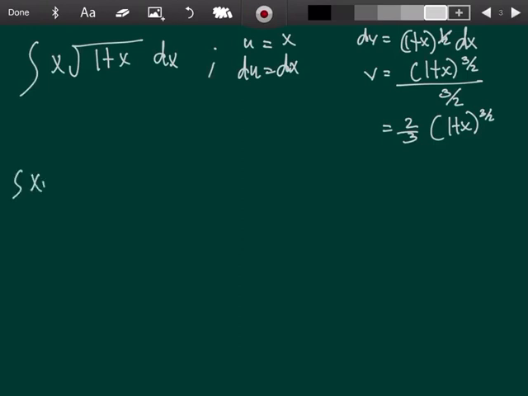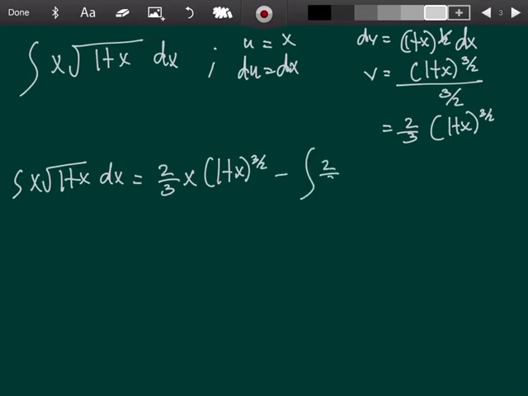So, integral of x times square root of 1 plus x dx, u is x times v, 2/3. So, pwede na lang natin isulat na 2/3 x (1 plus x) raised to 3/2 minus the integral of 2/3 (1 plus x) raised to 3/2 dx.